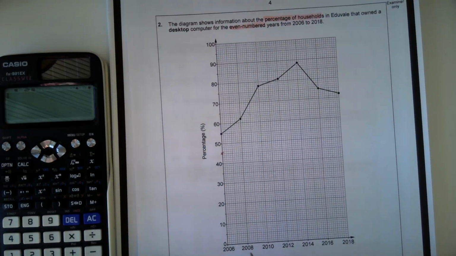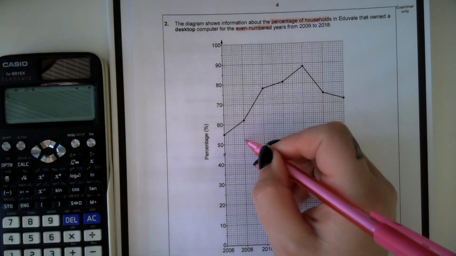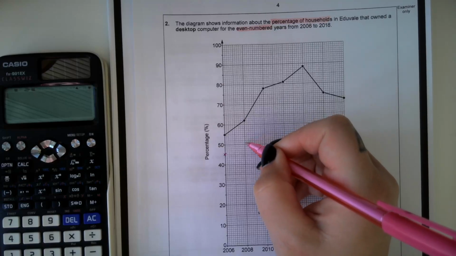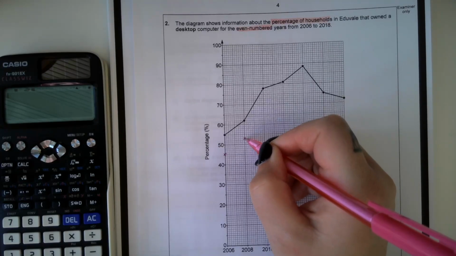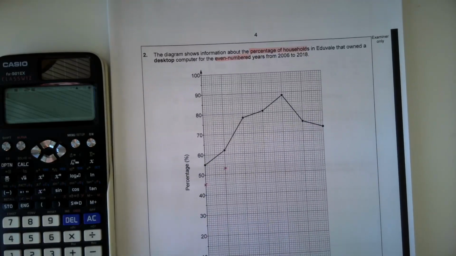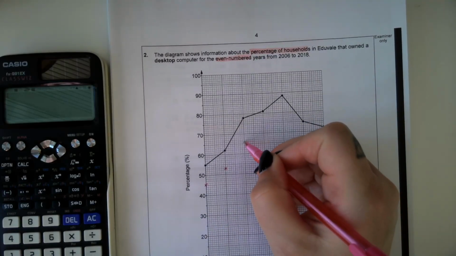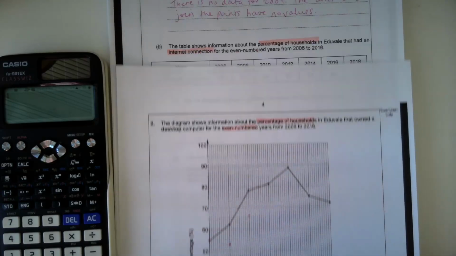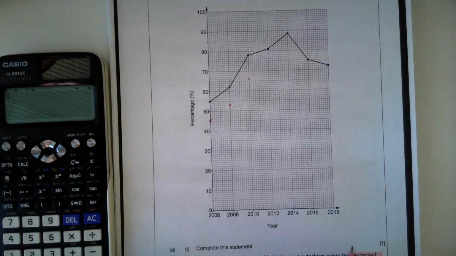2008 up to 53. So 2008, 50, 1, 2. My eyes aren't working very well today, guys. 3. 2010 to 66. So 2010, 65, 66. 2012 to 79.